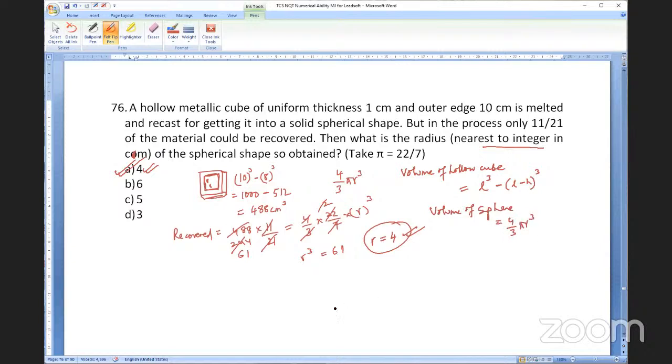Now it is given that only 11 by 21 part of the volume of the hollow cube is recovered. That is equal to 4 by 3 pi r cube. On equating, we get r cube equal to 61. The nearest whole number for r is 4, because 3 cube, 27, is too much lower than 61. r is equal to 4. Option A is the pick.